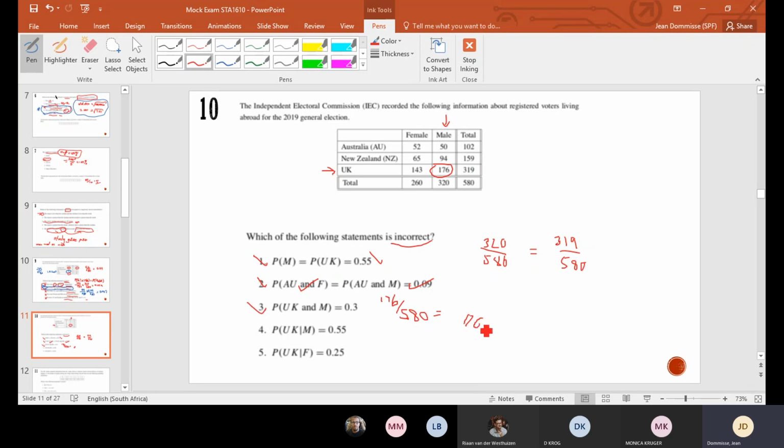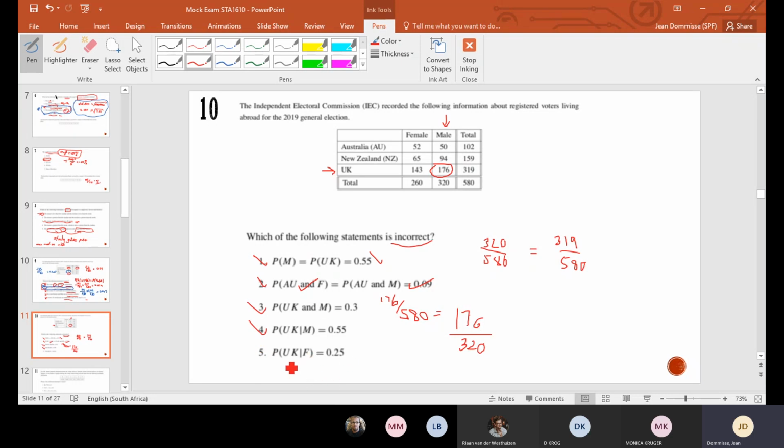It is 176 divided by 320. That is what I would have done. Which is actually 0.55. So unfortunately, okay, that is going to be the wrong one.